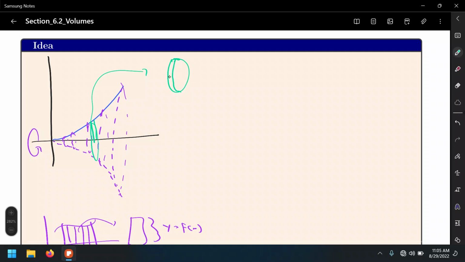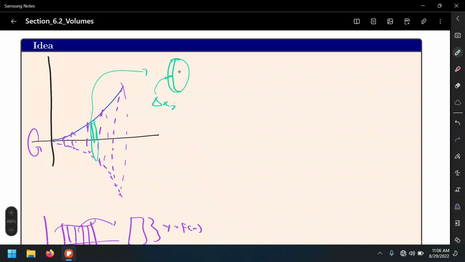This gap in between is the thickness of the disc, or the height of the cylinder, which in this case is delta x sub i. The subscript i just denotes that we are taking the ith disc: the first disc, the second disc, the ith disc, because we're ultimately dividing this into n discs, and n can be really big. The bigger the better, infinitely many, to get the actual volume. That's the whole idea behind the calculus of obtaining this.